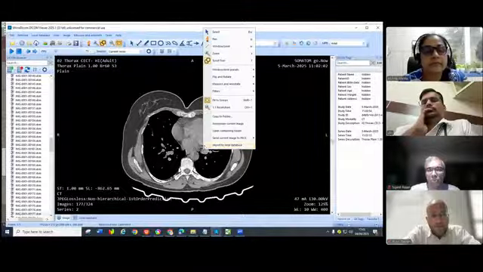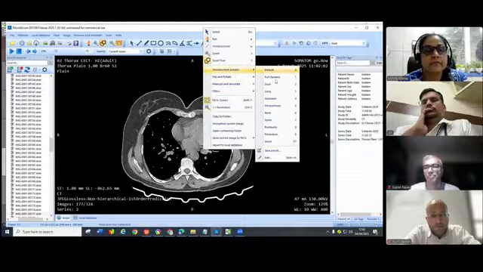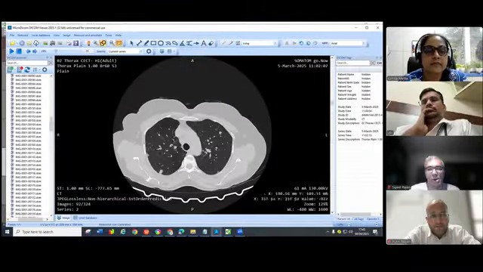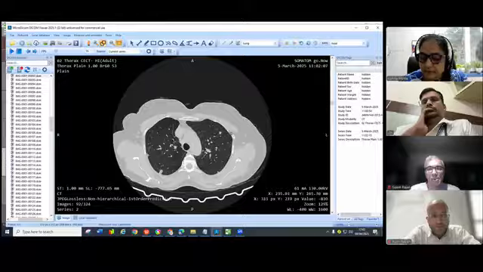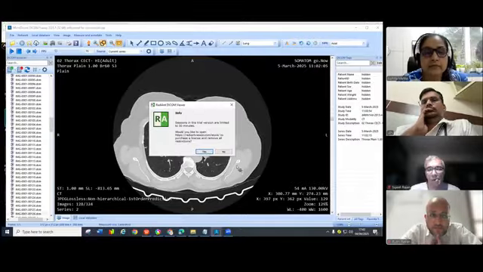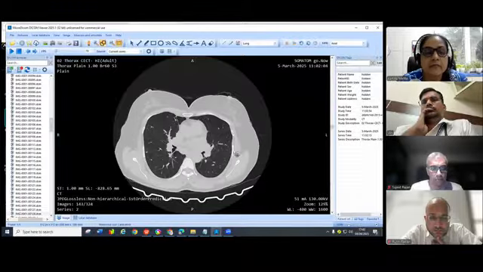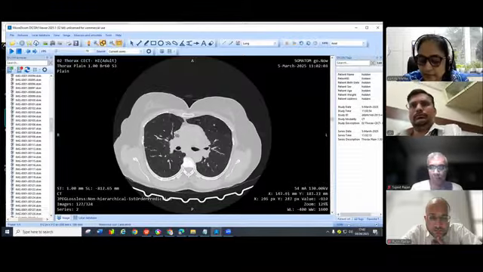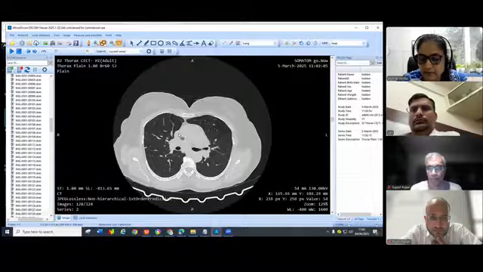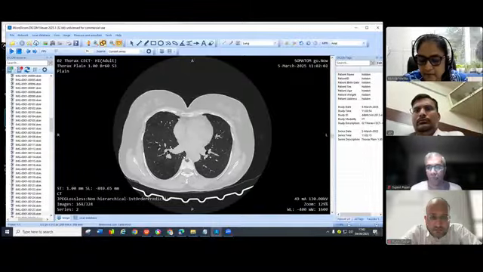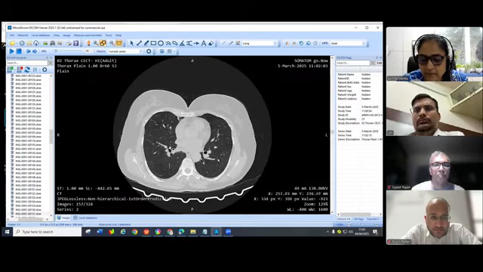And I'll just go to the lung window. So this is the lung window, and one thing is there's a lot of inhomogeneous attenuation. So there could be some amount of background obstructive airways disease, some little bit of post-inflammatory changes, some scarring, traction bronchiectasis focally also there. In addition, we are seeing multiple nodules.